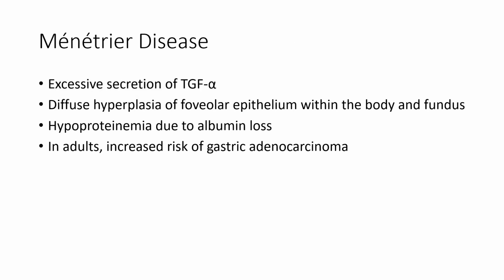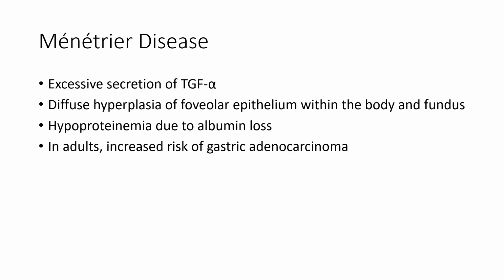An example of a hypertrophic gastropathy is Menetrier disease. In Menetrier disease, there is diffuse hyperplasia of the foveolar epithelium. Foveolar cells are surface mucus cells or mucus-producing cells. And the hyperplasia of the foveolar epithelium occurs within the body and fundus. It spares the antrum.